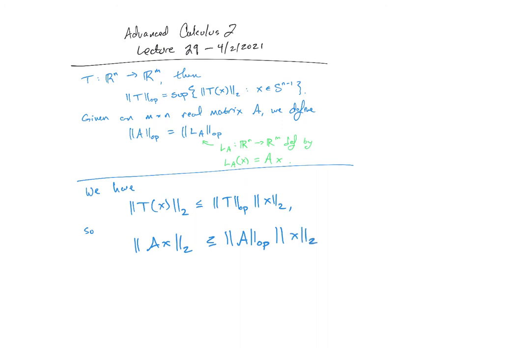The point I was supposed to make first is this exact same thing holds for matrices. We have a bound on the 2 norm of AX given by the product of the operator norm of A and the 2 norm of X. Now, as long as we've got a real square matrix, then this is the spectral radius.